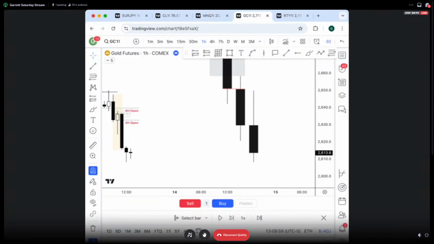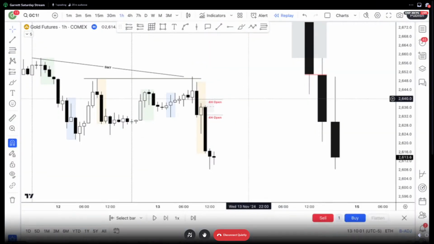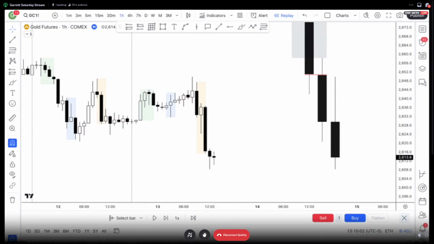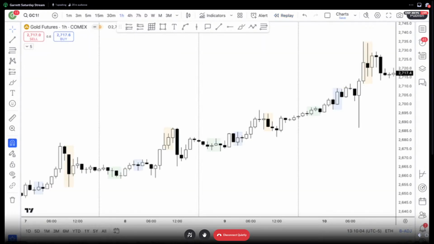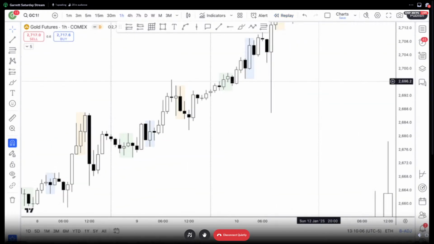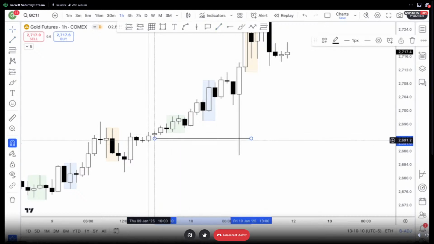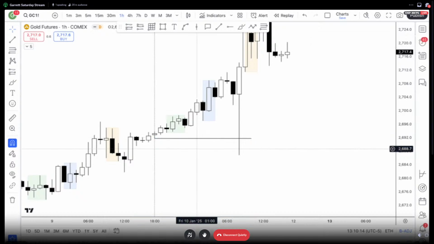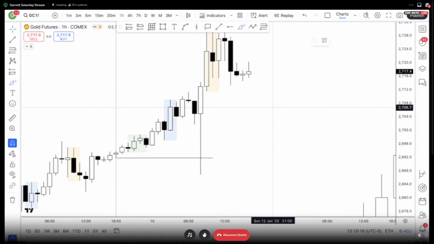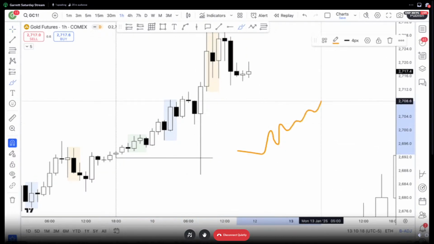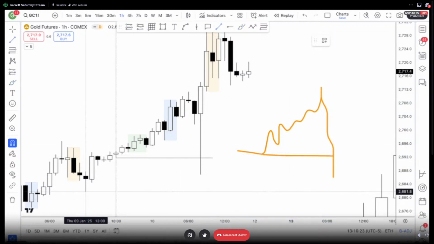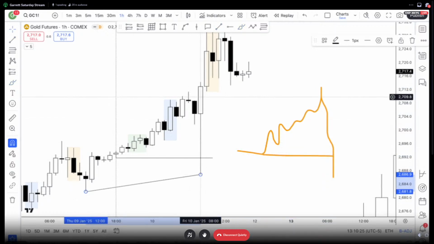If I look on GC here, more recent PA, not only here you have it, right, but you have it on Friday as well. This is that delayed protraction profile that I went over in my first stream, where the low of the day is nothing. It's literally just 1800. So this is when price just opens up, kind of just fades away from the open, and then we manipulate the daily range, pair that manipulation with an SMT, like we always do, and a driver.